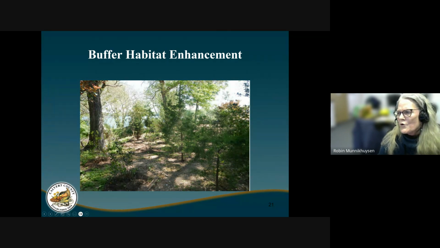This property owner has requested canopy trees and also understory trees and shrubs. When I first started this program, shrubs were not on the approved list, and so it took me a couple of years to get the committee to approve shrubs. But Calvert County has tidal waters on both sides of it. It's like a boot, for those of you that may not know.